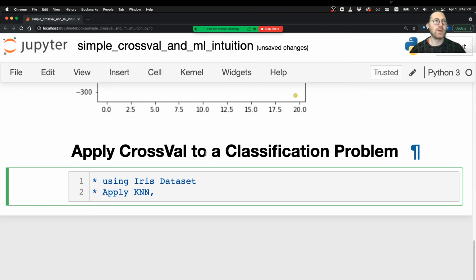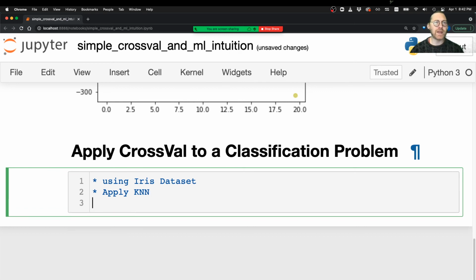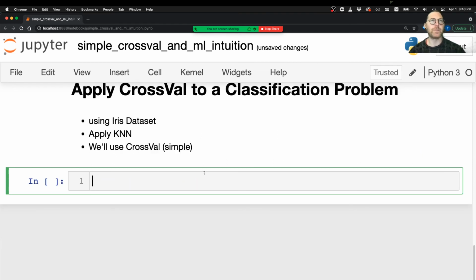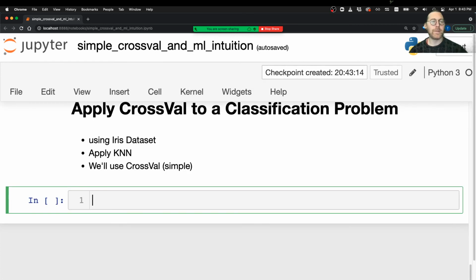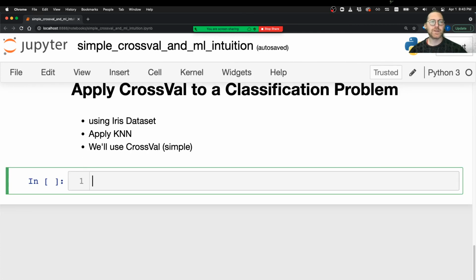It's not that hard. So we're going to apply KNN because it's simple. It's also kind of weird, and I think that's nice to see. And then we'll use crossval, which I'm simplifying. So we're going to use a simple crossval. All right. So let's talk about aspects of KNN.